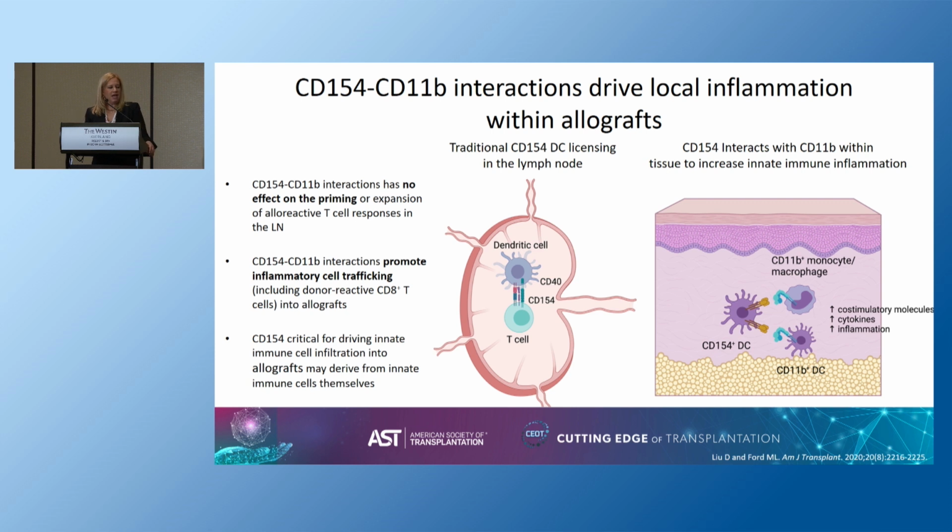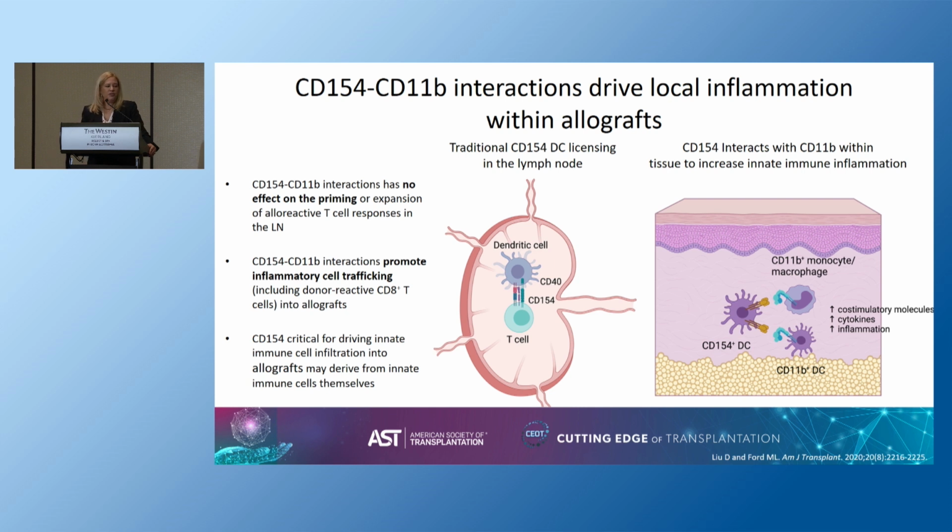So we think that traditional CD154 binding to CD40 results in dendritic cell licensing in the lymph node. Now, like I said, that's been known for a number of years. We found that CD154-CD11B interactions actually had no effect on the priming of alloreactive T cells in the lymph node.